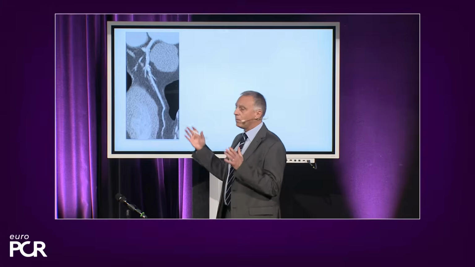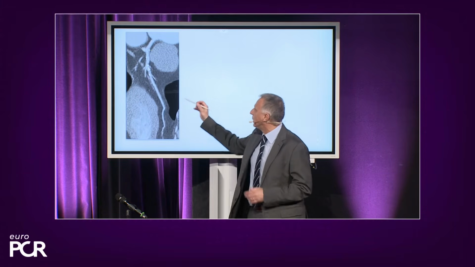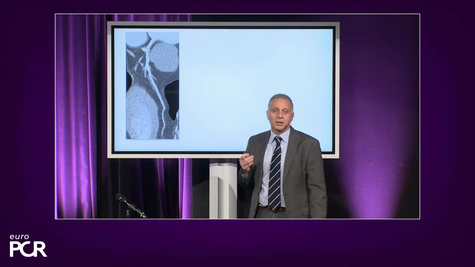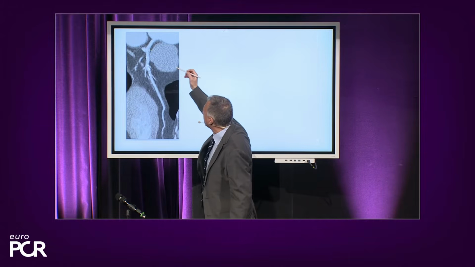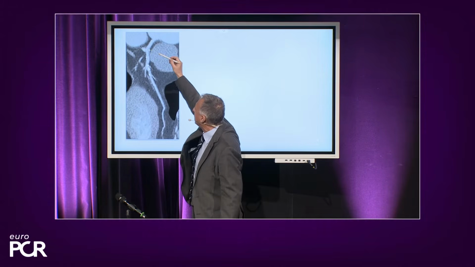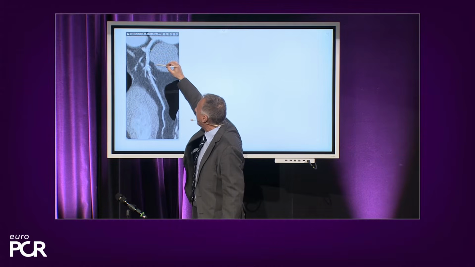There were many images, but I think that this image is probably the most important one, since it allows us to understand that we have definitely an area of disease here in the LAD at the level of diagonal takeoff.